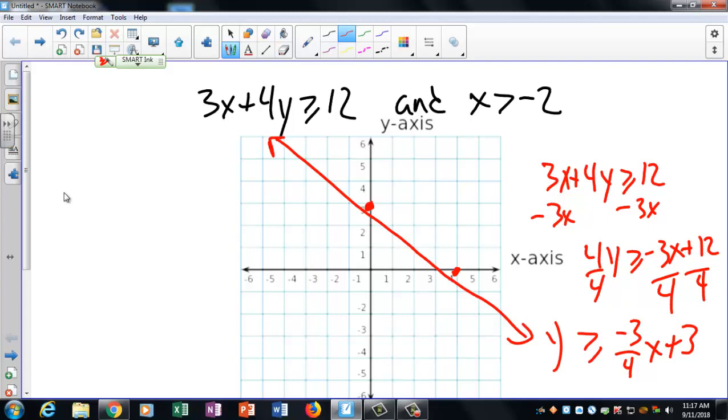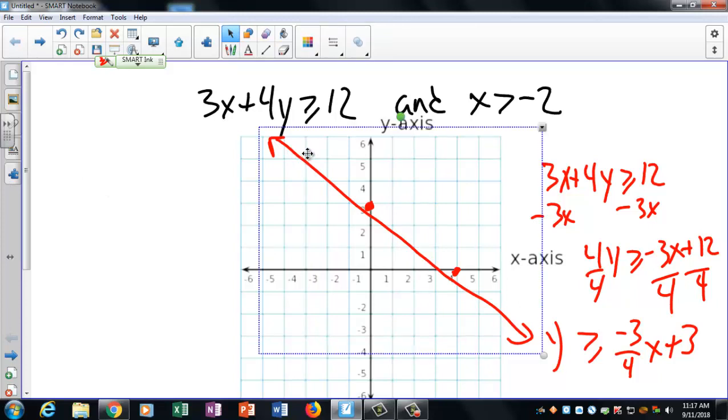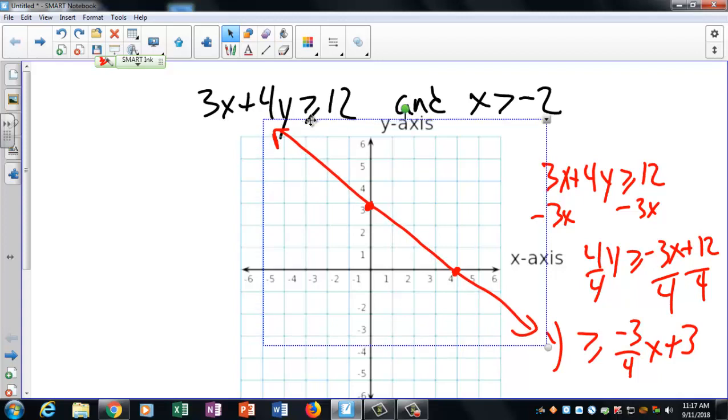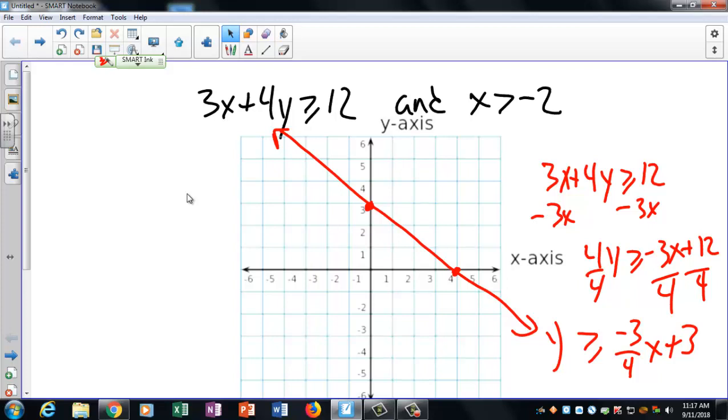Now, which way am I going to shade? Top side or bottom side?